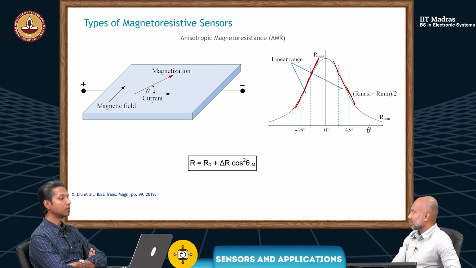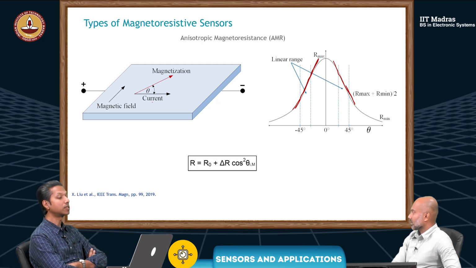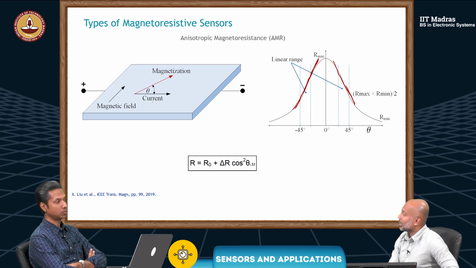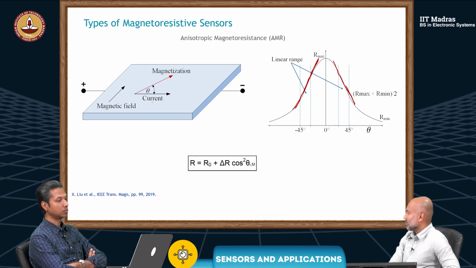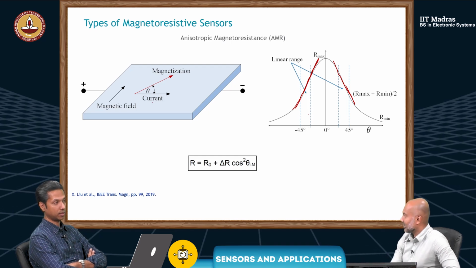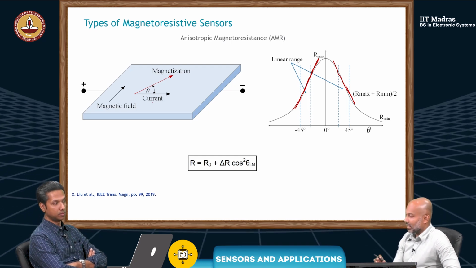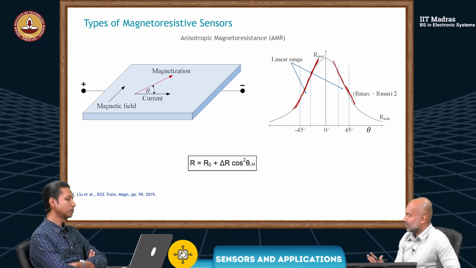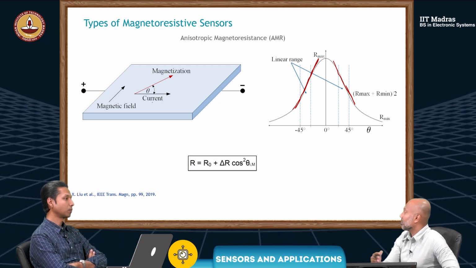Or can you, for example, tell minus 45 from 45? No, they have the same resistance values. There's symmetry. So the range is limited to 90 degrees, because it measures the same resistance value.